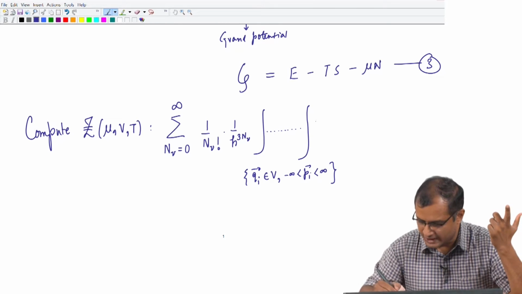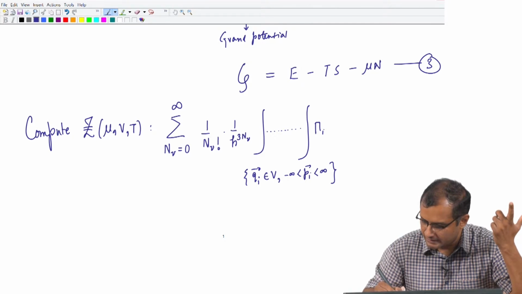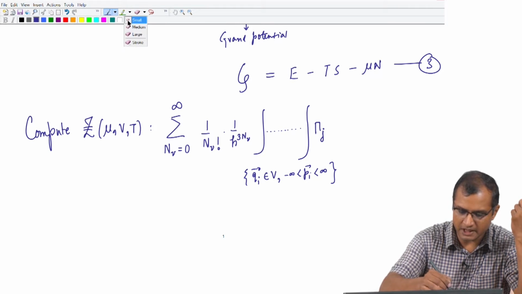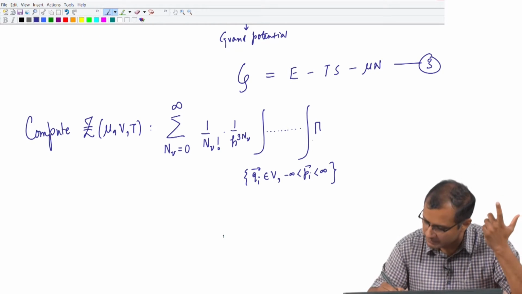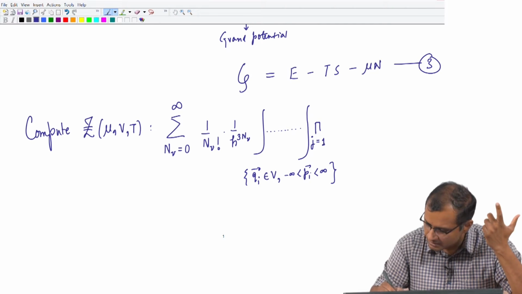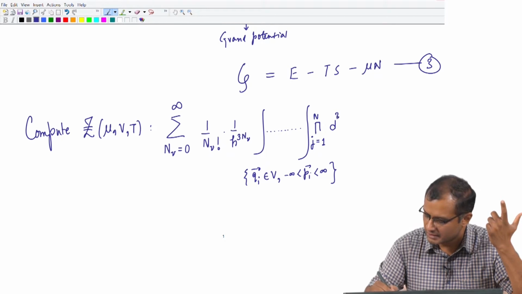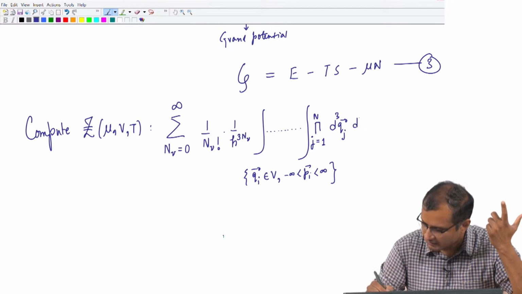And naturally, I have all the momentum volume and the coordinate volume. So, let me indicate that with this product symbol. So, here the product symbol would be over some j going from 1 to n, and I will have a d cube qj and a d cube pj for all n particles.